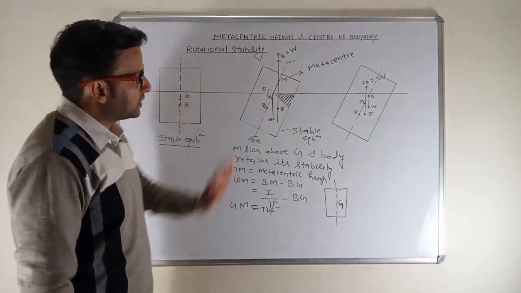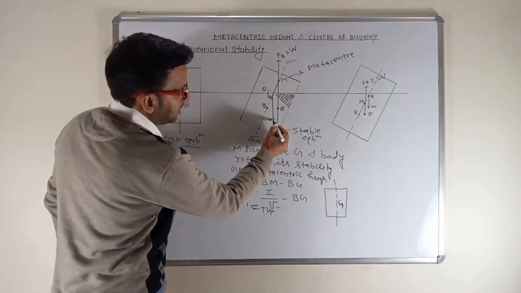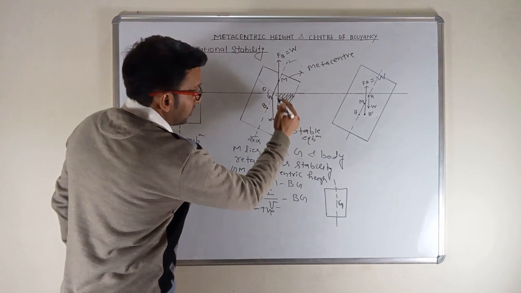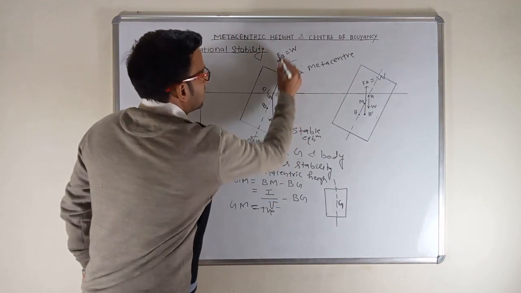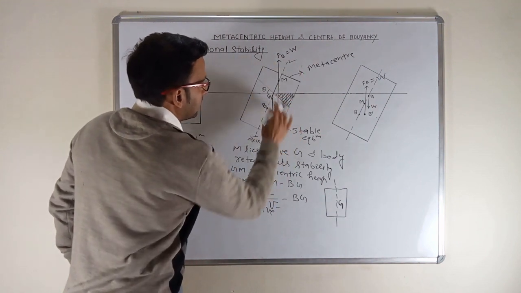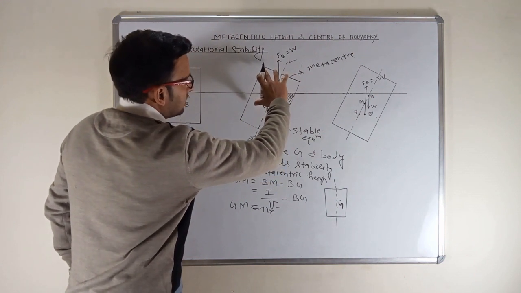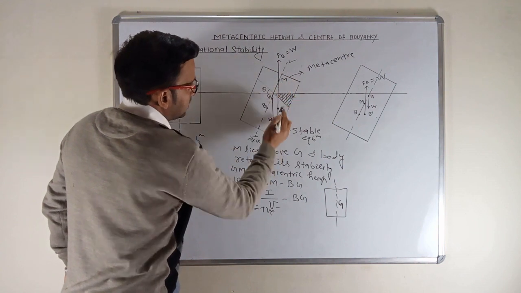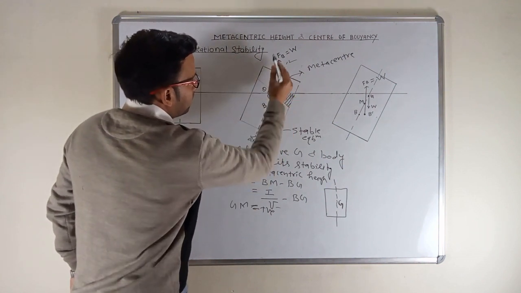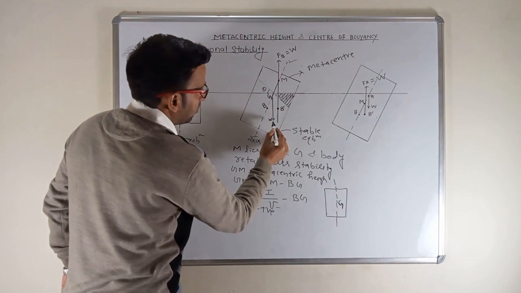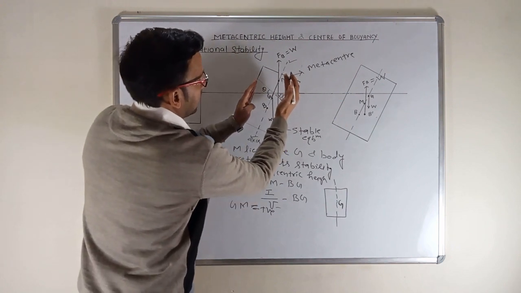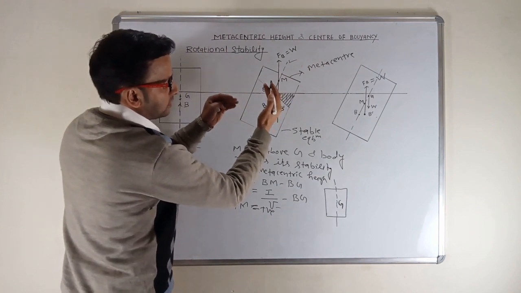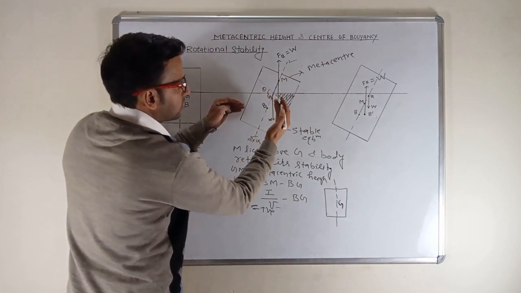Because in such conditions, the weight of the body is acting downward, and the buoyant force is acting upward, like this. This is the buoyant force and this is the weight. When I give a little rotational displacement to the body, the buoyant force will be acting upward and the weight will be acting downward, and these two forces make a couple, and this couple tries to bring the body back to its original state.